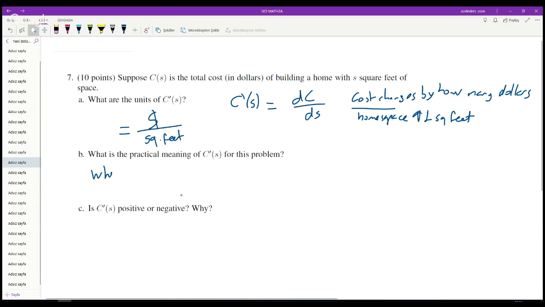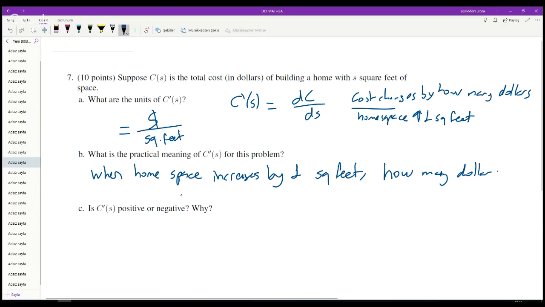When home space increases by 1 square foot, how many dollars does the cost of building change?